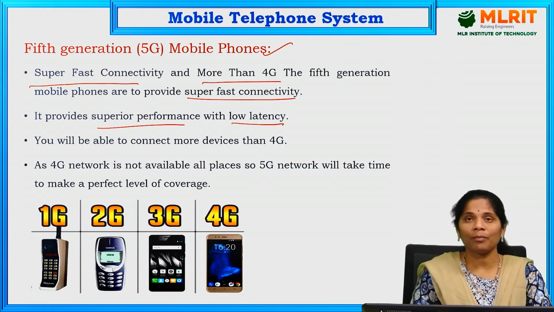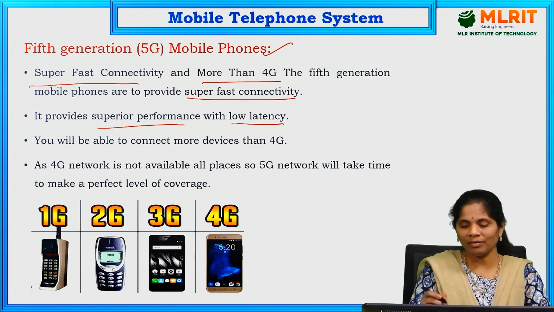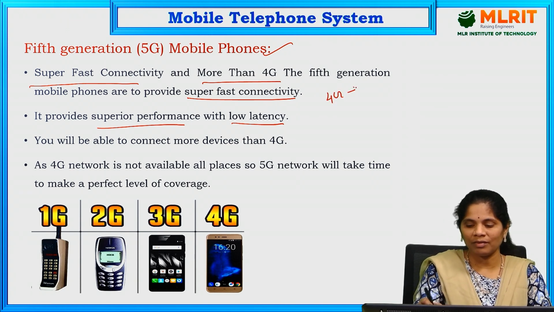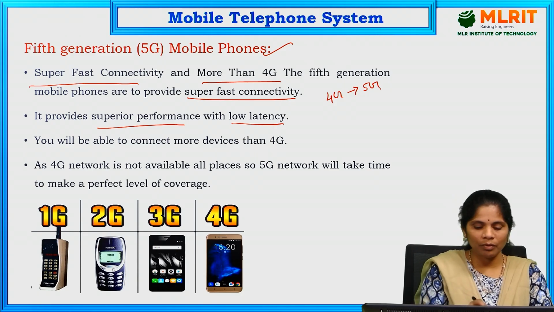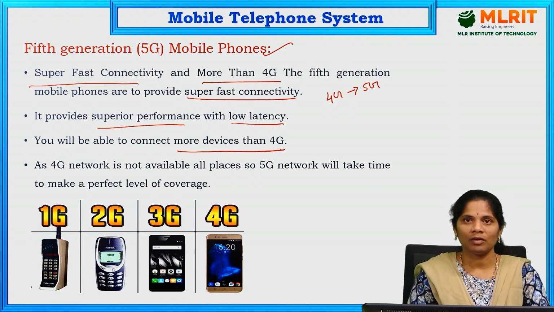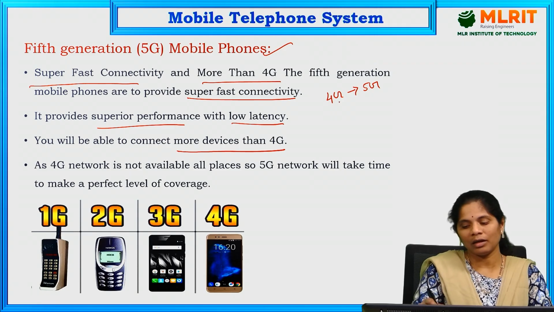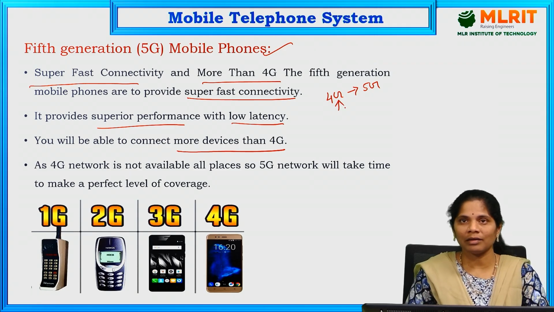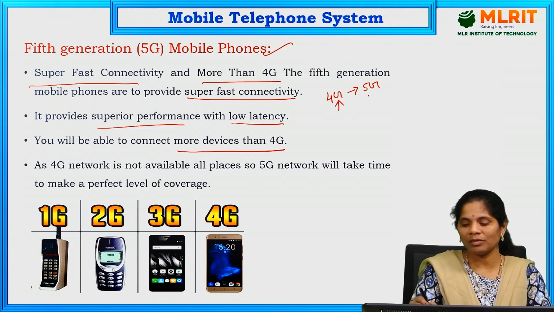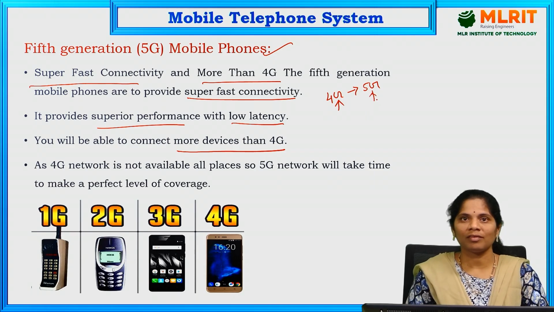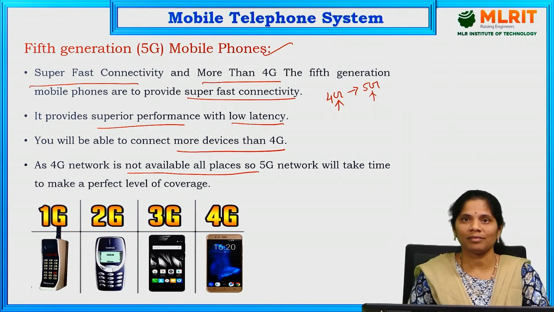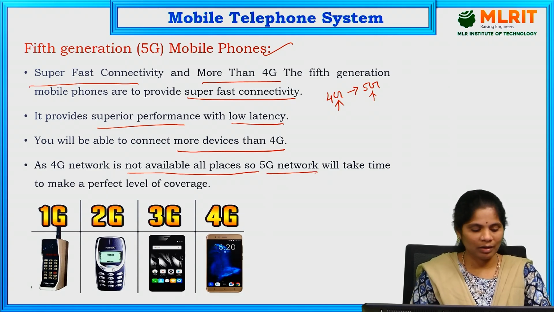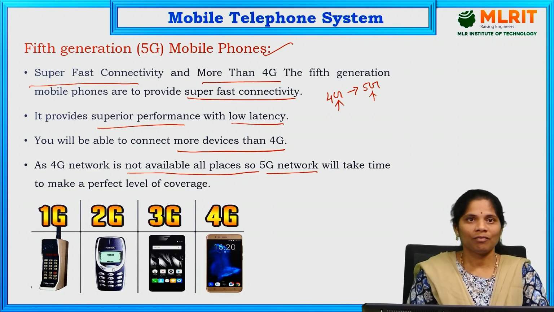Compared to 4G, it has better performance, and you will be able to connect more devices than 4G. The 4G network is not available in all places, but 5G we can use at any place. This is the level at which we are going to use 5G mobile phones.